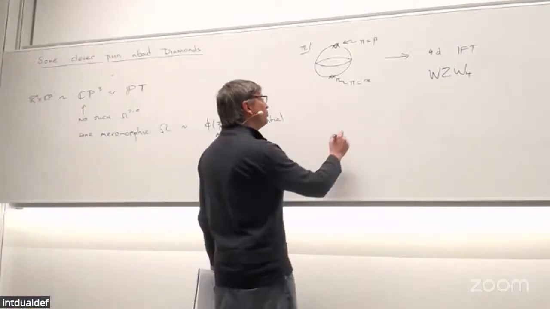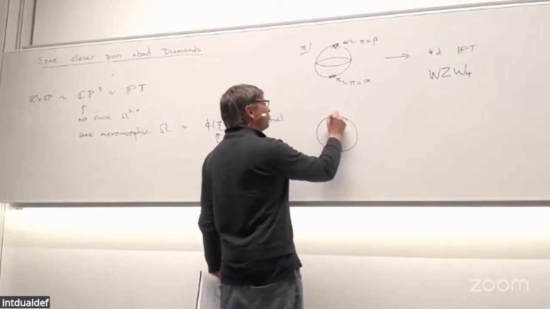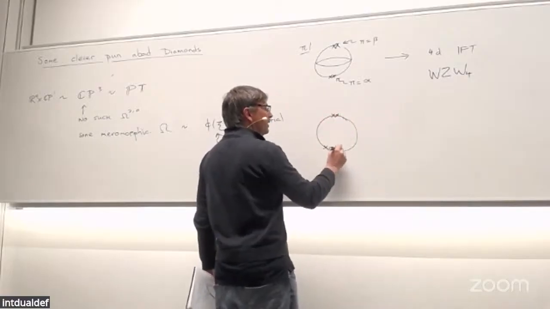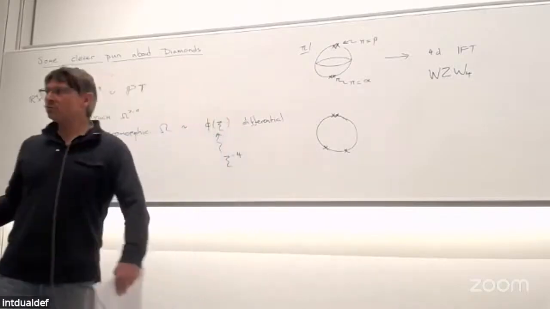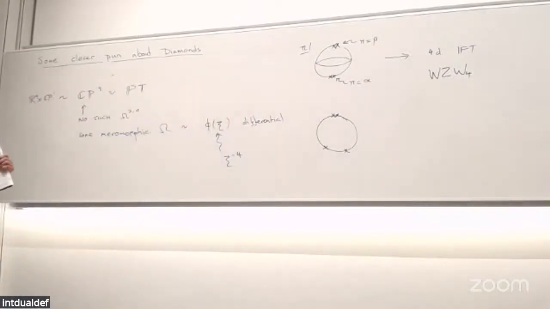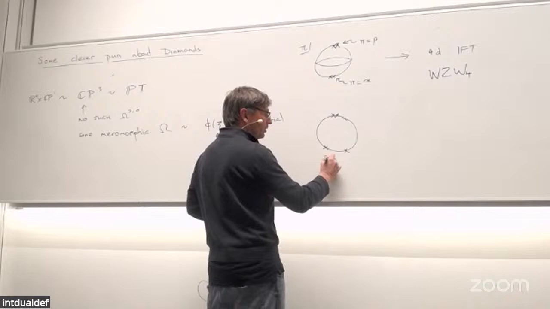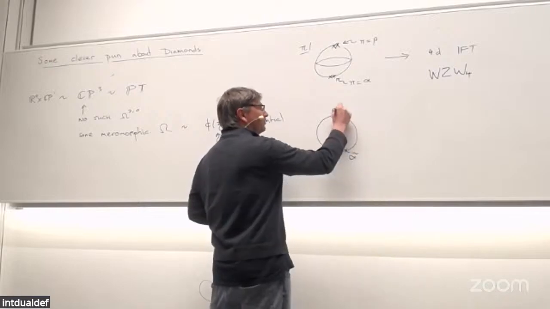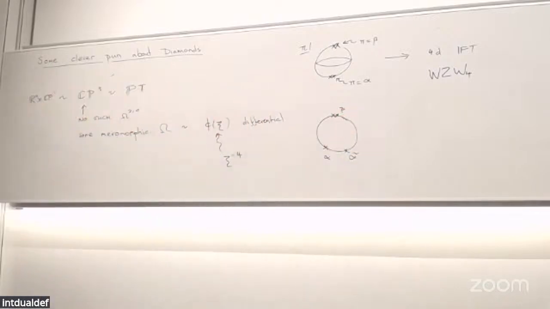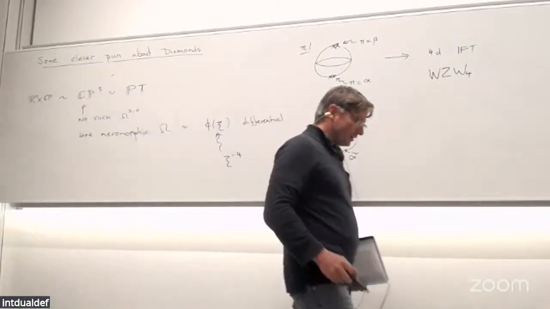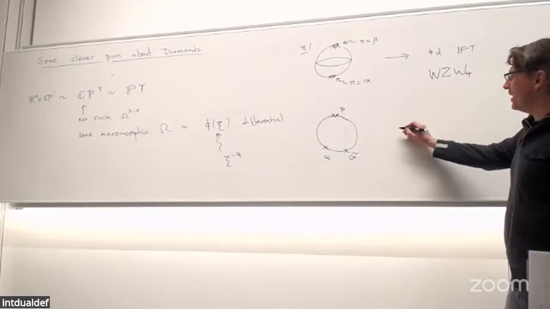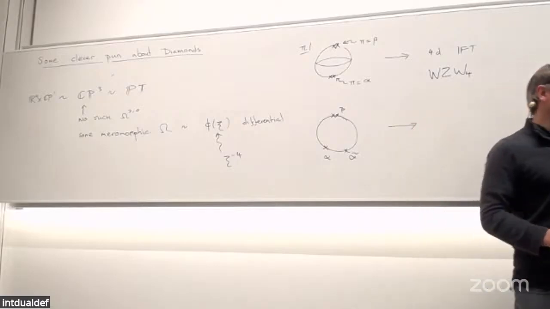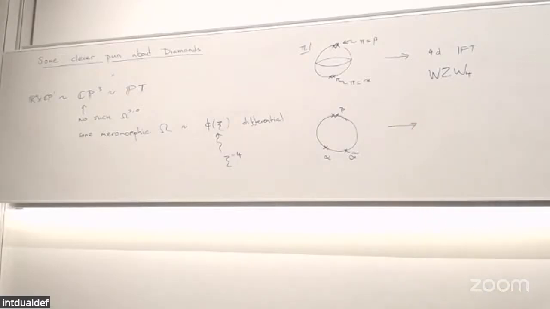So that's one option. Another option is maybe you could resolve this second-order pole at the bottom, split it up into two first-order poles, alpha, alpha tilde, and beta. Okay, and that's what my collaborators and I did in our first paper, sort of knowing from the 4D Chern-Simons what the answer ought to be.